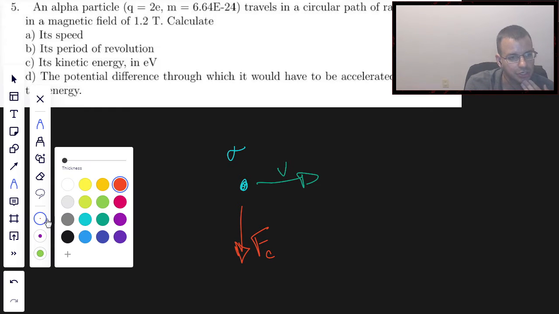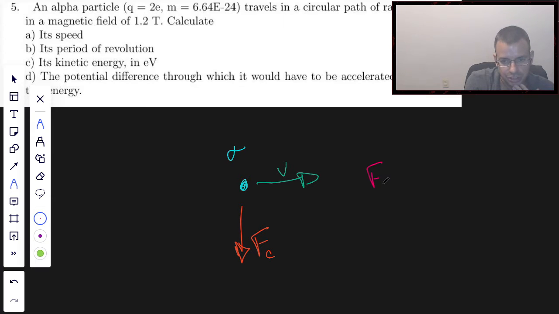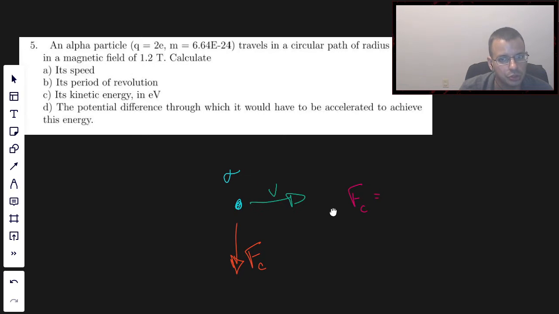So what I'm going to start doing is write up that there's going to be a centripetal force that's causing it to move in a circular motion. That centripetal force is going to be due to a charged particle moving inside a magnetic field. And the formula for that is QV cross B. These are also supposed to be vectors. The V cross B is the velocity crossed with the magnetic field.